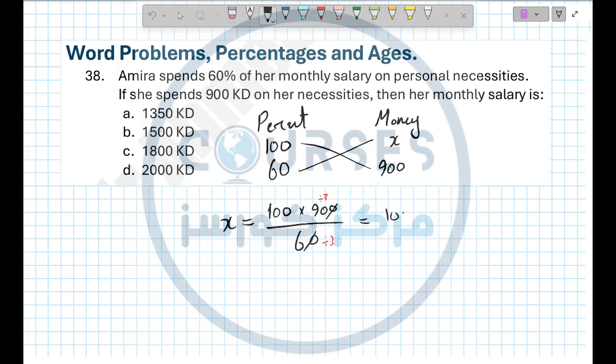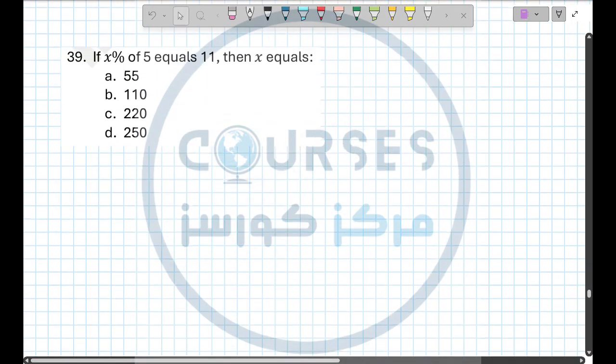So this is going to be 100 times 90 divided by 3, which is 30, over 2. 100 divided by 2 is 50. So that's 50 times 30, which is 15, and put the 2 zeros. So the answer is 1500.